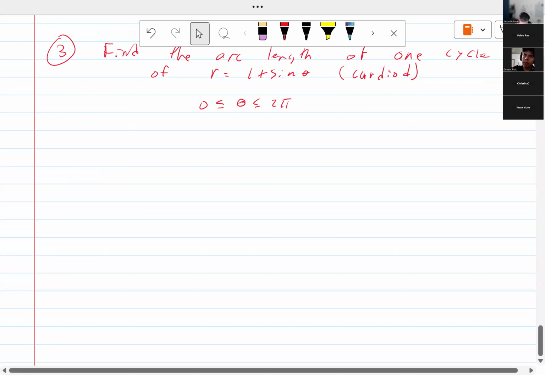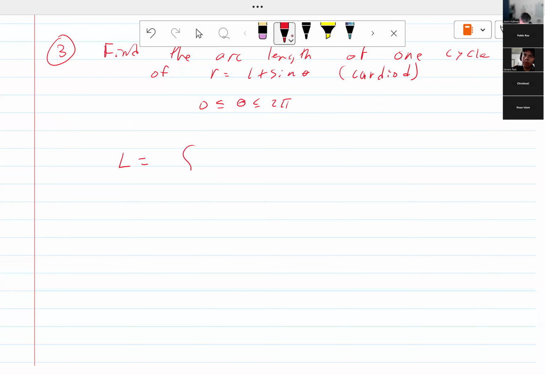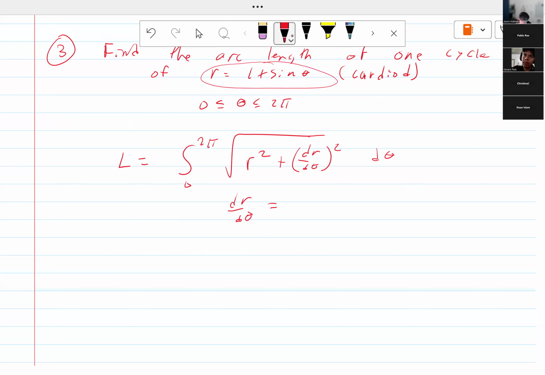So we have to find L equaling the integral from 0 to 2 pi of the square root of r squared plus dr d theta, the derivative squared with respect to theta. So what's dr d theta? We have r is 1 plus sine theta, so dr d theta is just cosine theta.